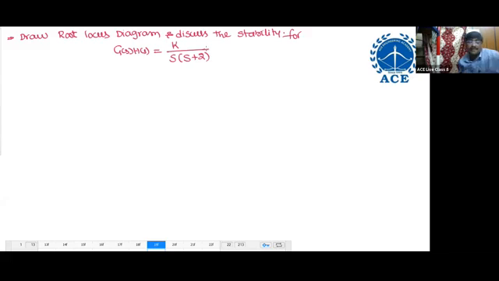Come on, write the three steps. Write the procedure. Just remember this procedure and you can construct the diagram. Step 1: identify the root locus branches and breakpoints.